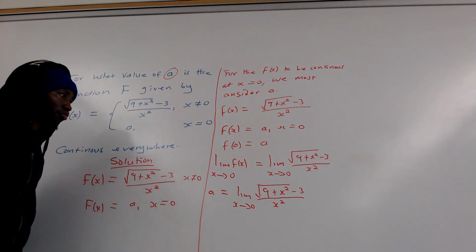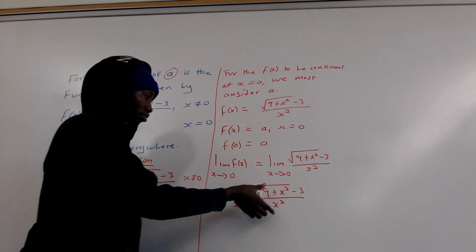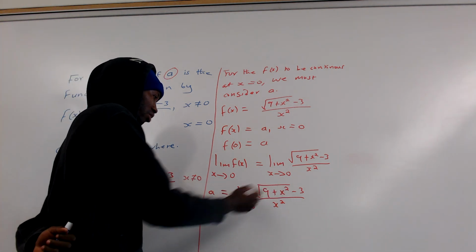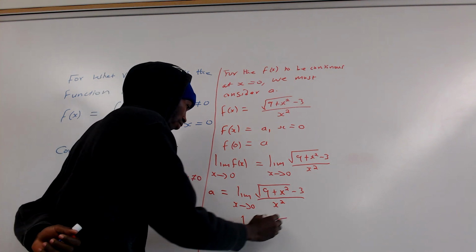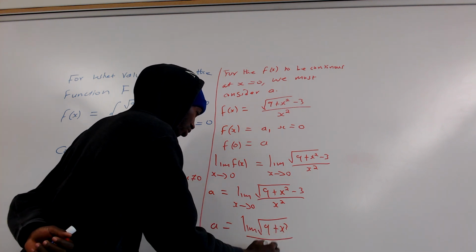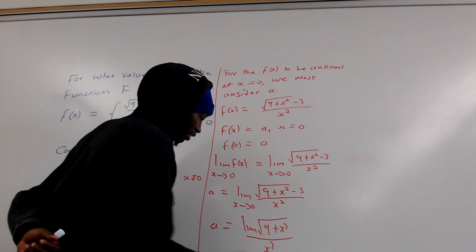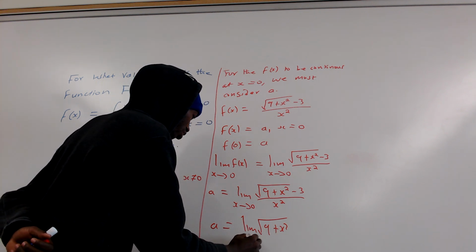So our target is to find the value of a. If we find the value of a, we rationalize this numerator. So it's going to be the limit of the square root of 9 plus x squared minus 3, divided by x squared, as x tends to 0.